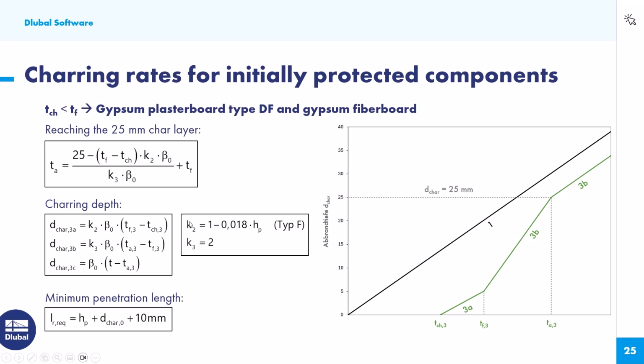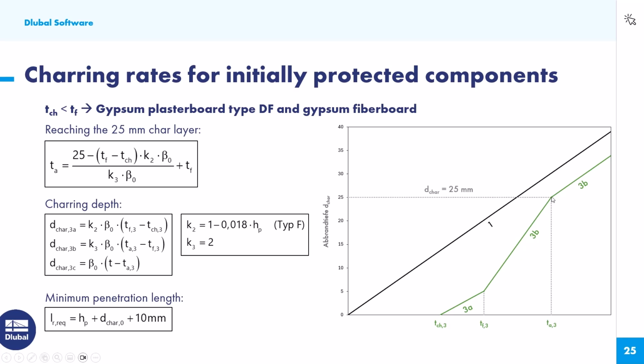Yeah, K2 is the reduction factor for this part. For classical 12.5 millimeter gypsum board, it's 0.775. Then we increase the strength here again because of the temperature and the dried timber by factor 2.